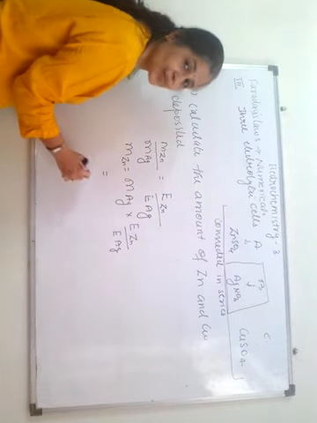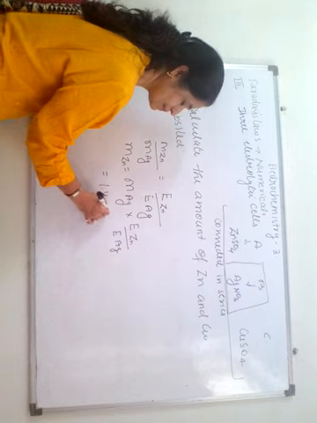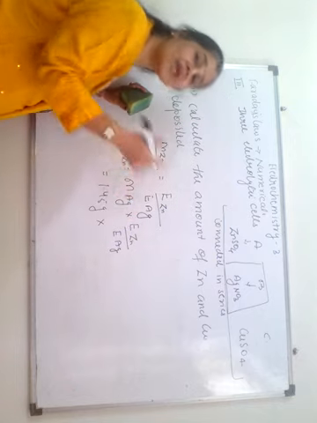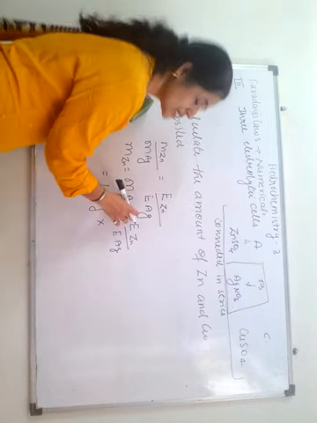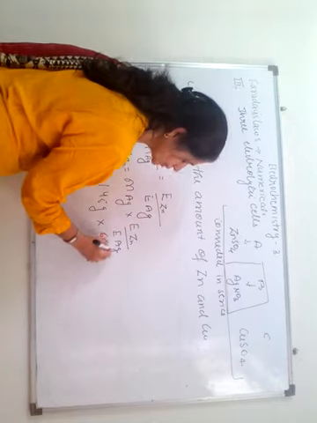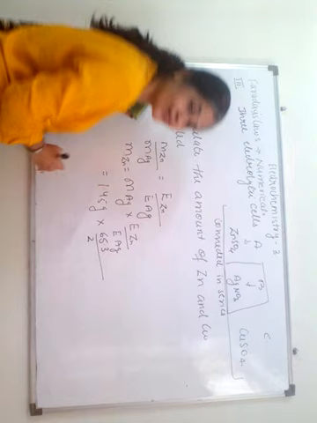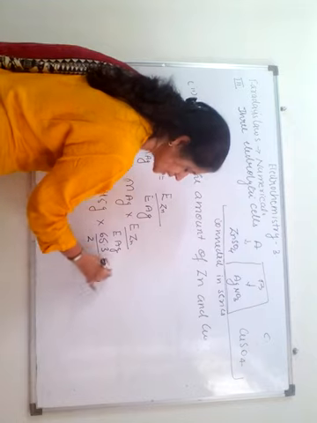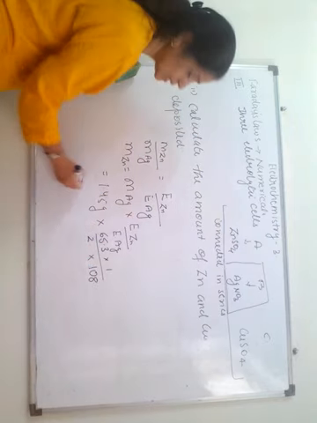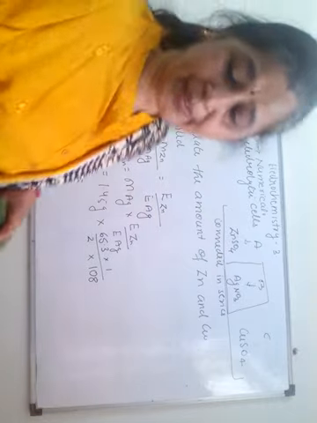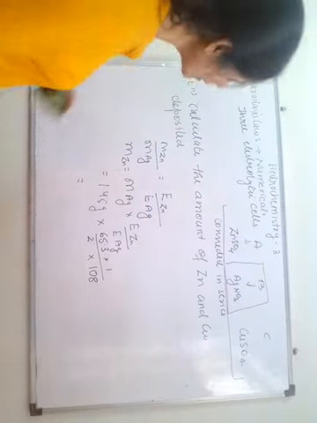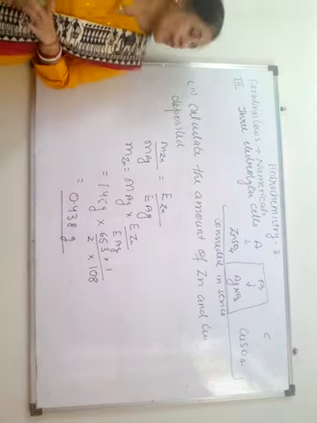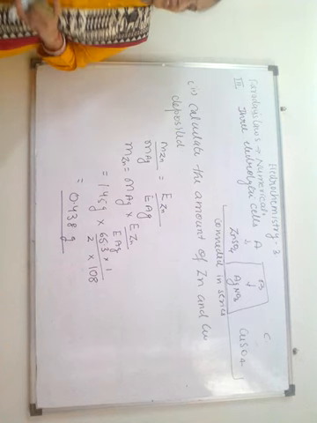Mass of silver that is deposited is 1.45 gram. Equivalent mass of zinc is atomic mass upon valency. Atomic mass of zinc 65.3, valency 2. Equivalent mass of silver is atomic mass 108 upon valency, that is 1. This you can calculate, children. That is the mass of zinc deposited, and it comes out to be 0.438 grams. So 0.438 grams of zinc is deposited.